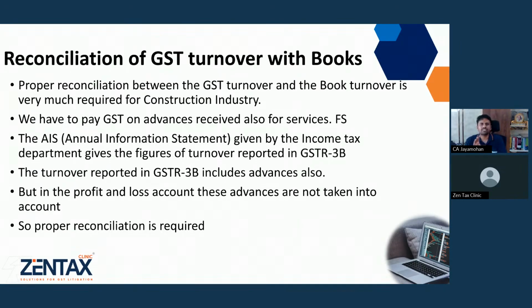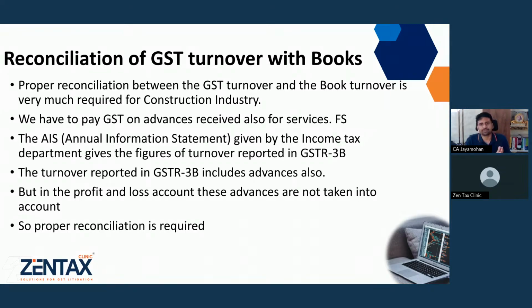First, advances received. You have to pay GST on advances received if it pertains to services, especially in the construction industry, where construction happens only after getting an advance. You have to pay GST on the advances, and this forms part of turnover under GST.